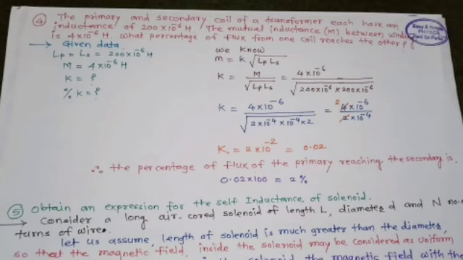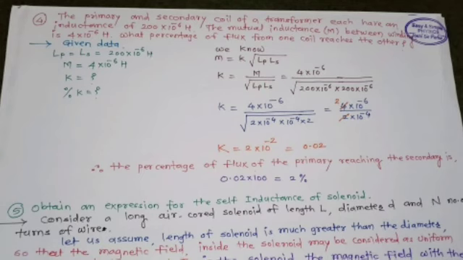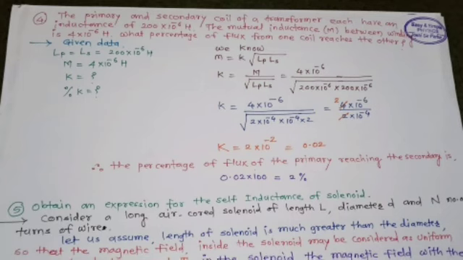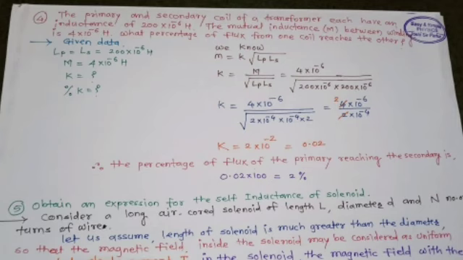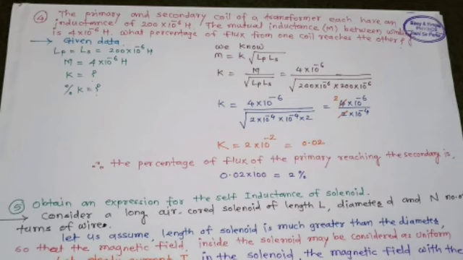What percentage of flux from one coil reaches the other coil? Here two coils are given having the same inductance. So L primary and L secondary are equal to 200 into 10 raised to minus 6 Henry. Mutual inductance is given, that is 4 into 10 raised to minus 6 Henry.